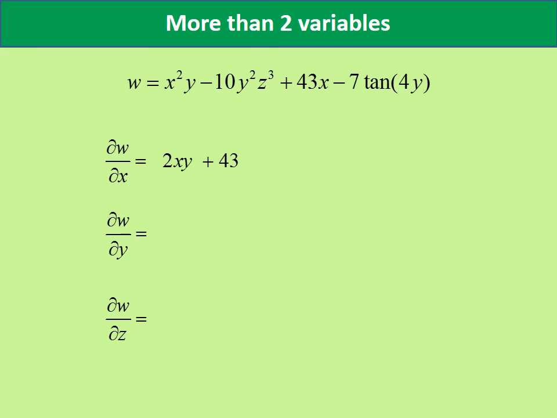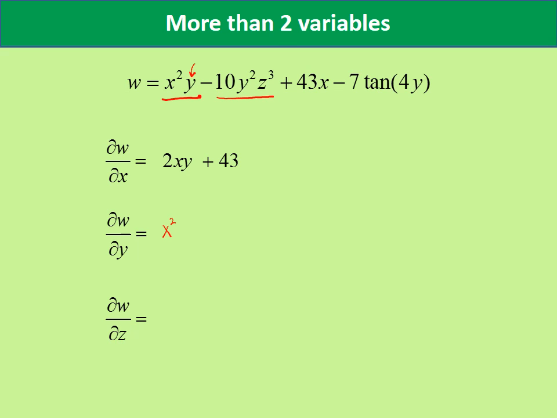Now, the derivative of w with respect to y. Now, again, we're going to take the first term. We're doing the derivative with respect to y. The x squared is a constant. We will copy it down. Derivative of y would just be a 1. So the derivative of x squared y would be x squared.